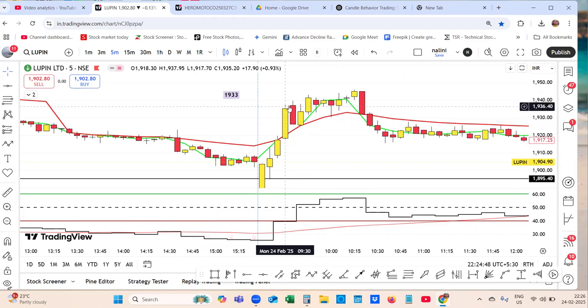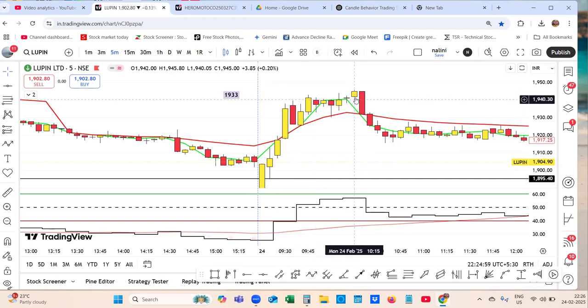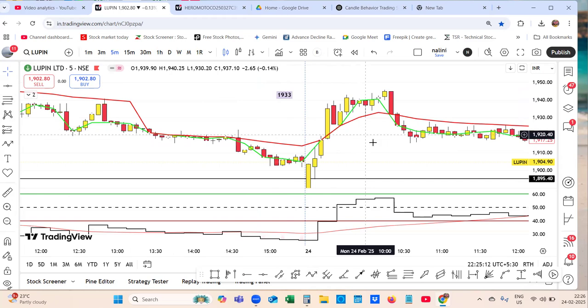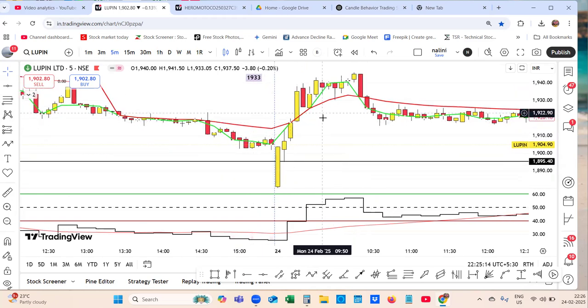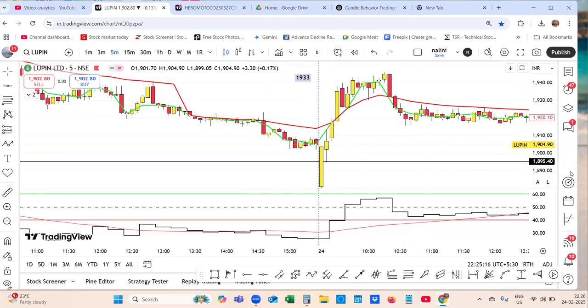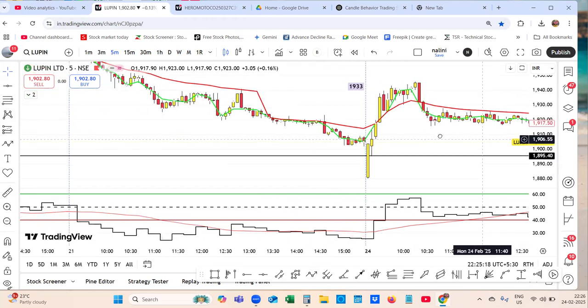Then it is lower high, lower low, but the trend has not changed over here. Here the change of behavior you can see in this candle, because it has made a low and a lower low. With simple price action, without any indicators, if you are capable of recognizing the things, you can trade.